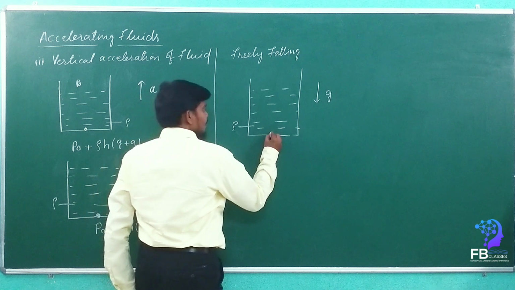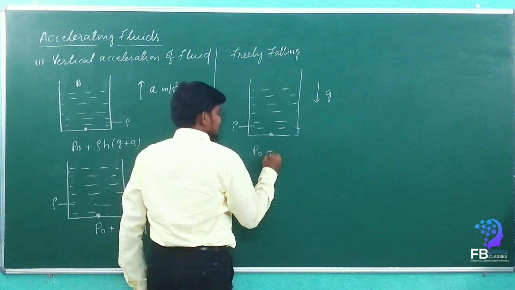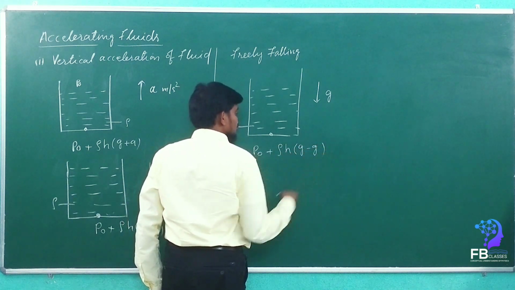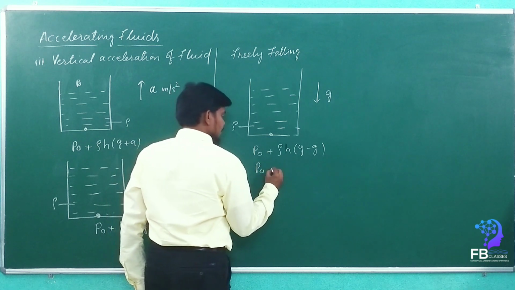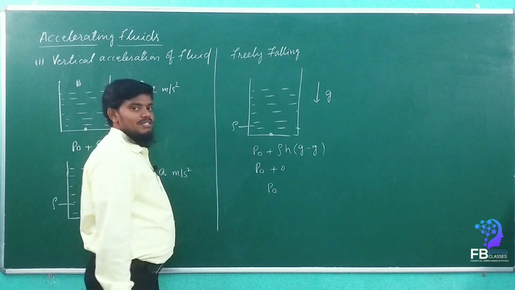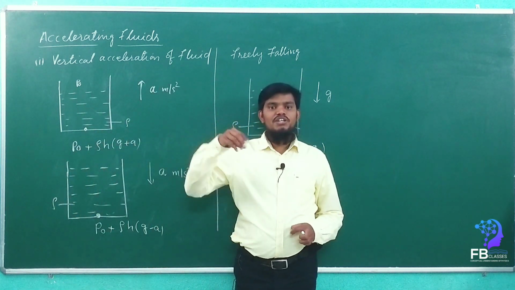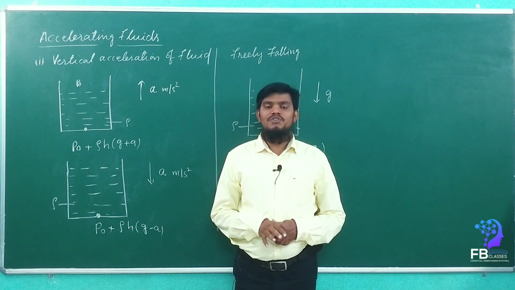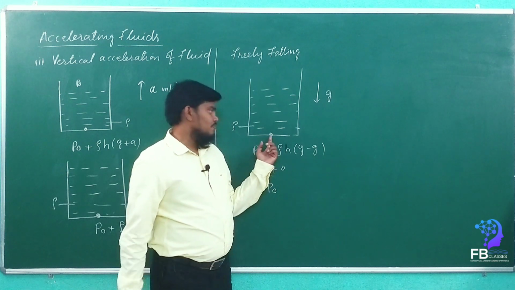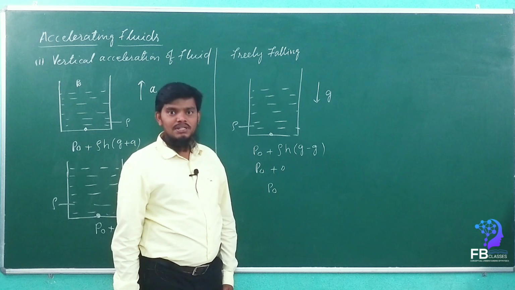Then at the bottom point P we can write P naught plus rho h into (g minus g). So what will happen? P naught plus 0, it becomes P naught only. That means whenever the container is in free fall, with acceleration equal to the acceleration of gravity, the pressure at the bottom point is equal to the atmospheric pressure.